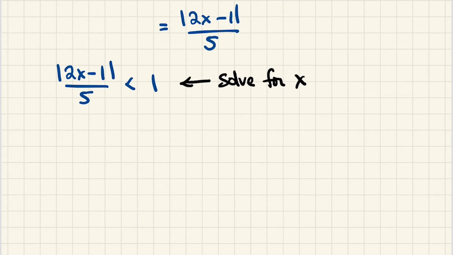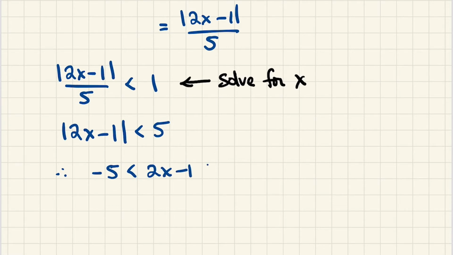So solving for x, we get the absolute value of 2x minus 1 is less than 5. And this tells us that 2x minus 1 is between -5 and +5. So just continue isolating x in the middle. We'll add 1 to both sides, and we'll divide both sides by 2.